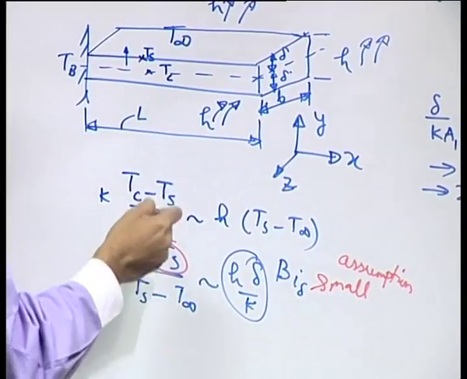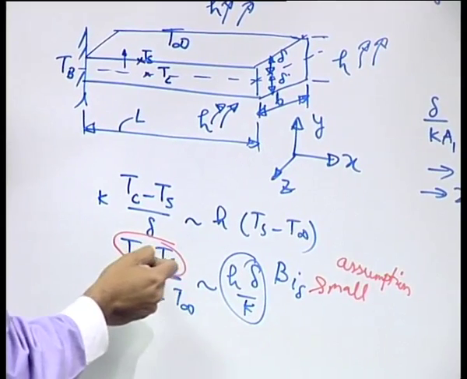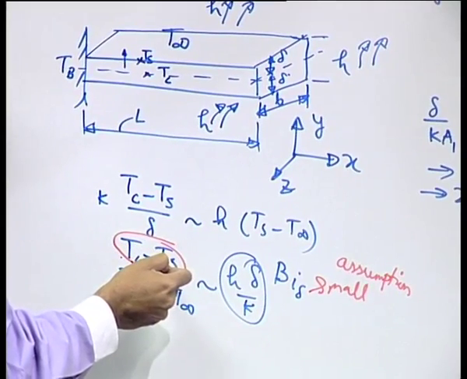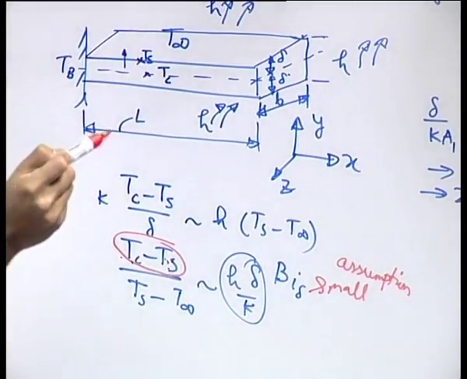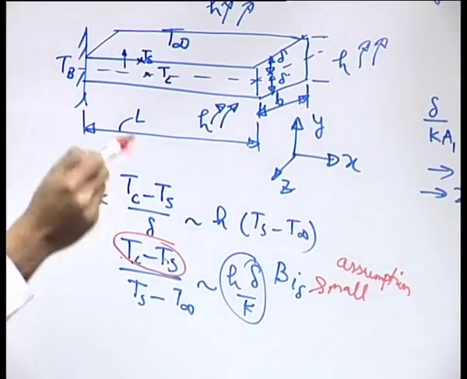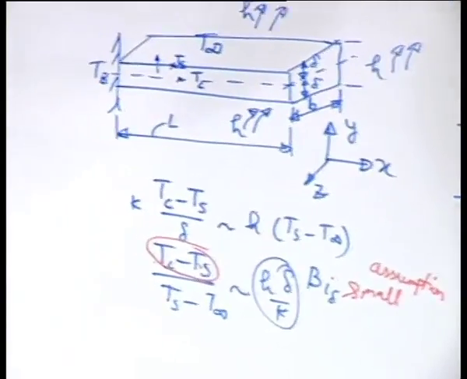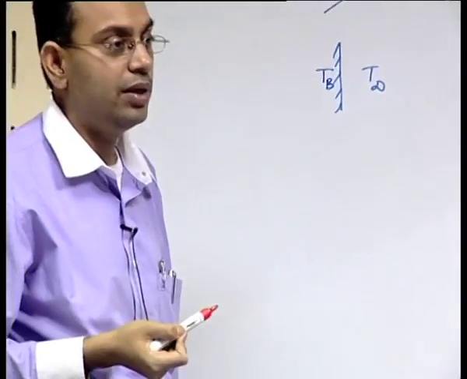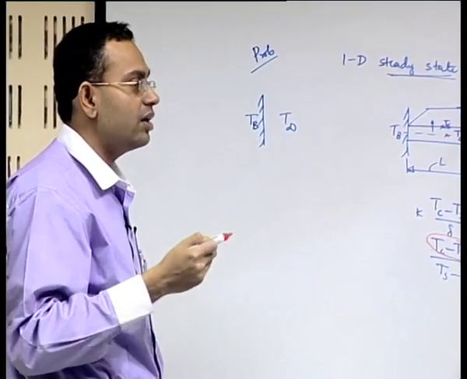If that is so, then there is no necessity of assessing the temperature difference between the center line and the surface, and that means there is no necessity of analyzing the heat conduction in the y direction. So, that renders the problem effectively a 1-dimensional problem where you can analyze the heat conduction along x direction only.